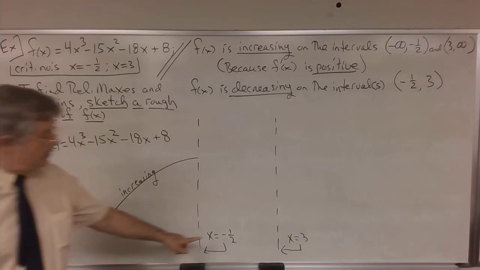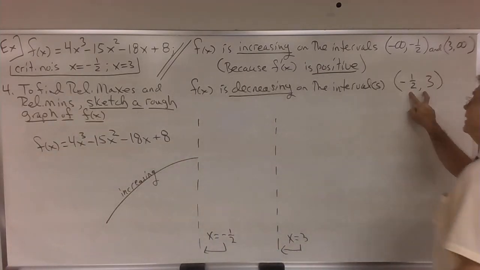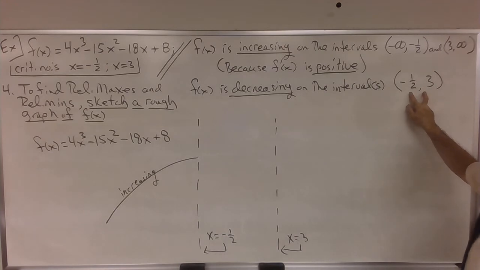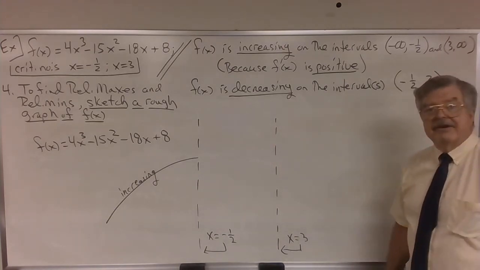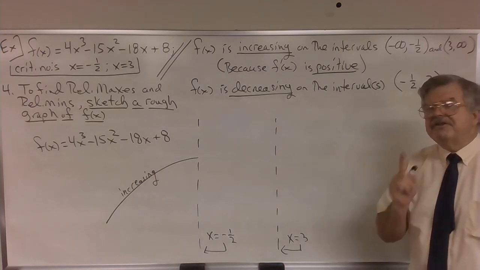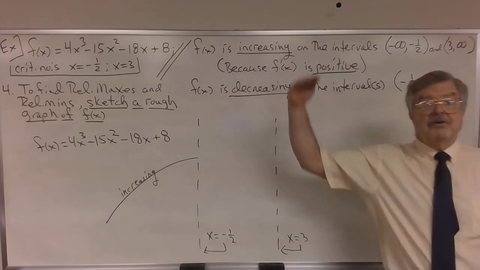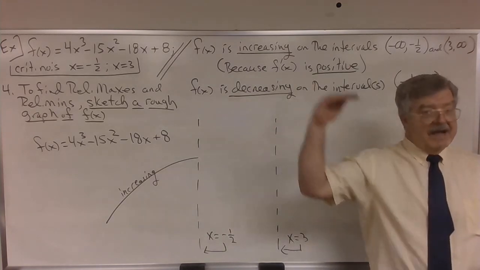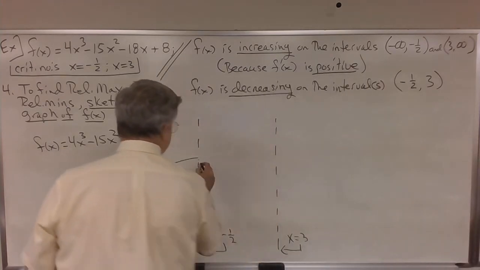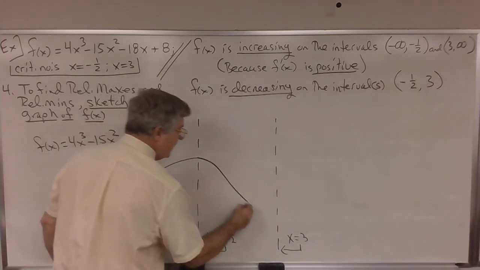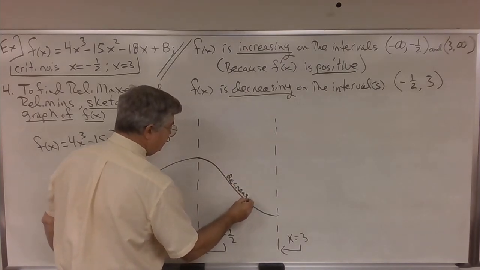Now, between x equal -1/2 and x equal 3, what's f of x doing? It's decreasing. And what does a decreasing function look like? It goes downhill from left to right, doesn't it? So here's our graph going downhill from left to right. The function's decreasing.